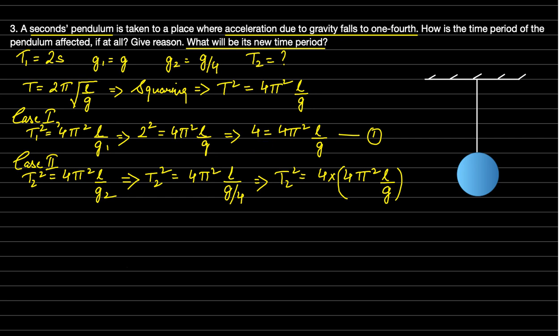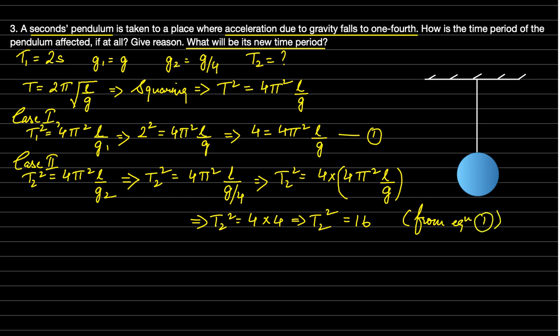So I would be substituting 4 pi square L by g. What I get over here is T2 square is equal to 4 into 4, so T2 square I get as 16, from equation 1.